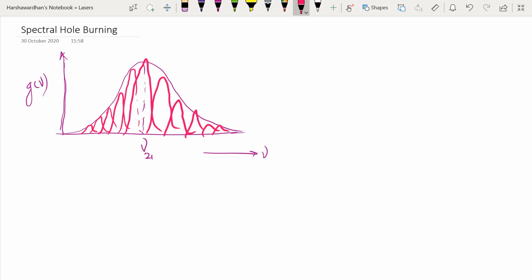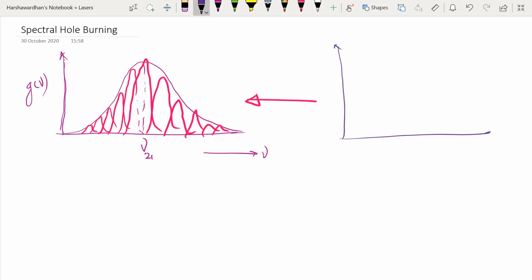So even though we began with identical atoms, a statistical collection of all these now different atoms because of inhomogeneous broadening leads to the spectrum that we are talking about. So keep this picture in mind, because that is what underlies the inhomogeneous broadening. In contrast, in the homogeneous broadening, right?